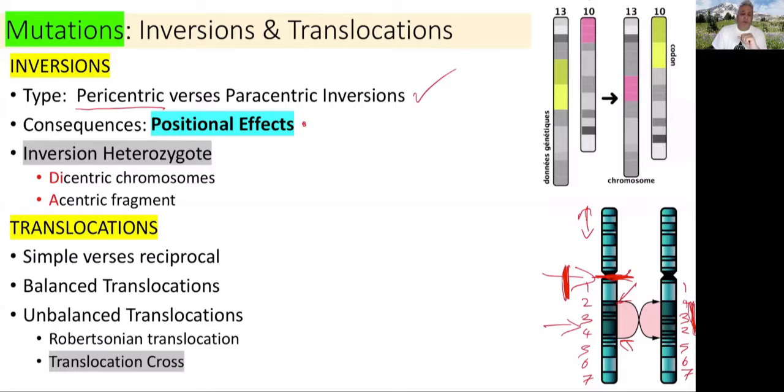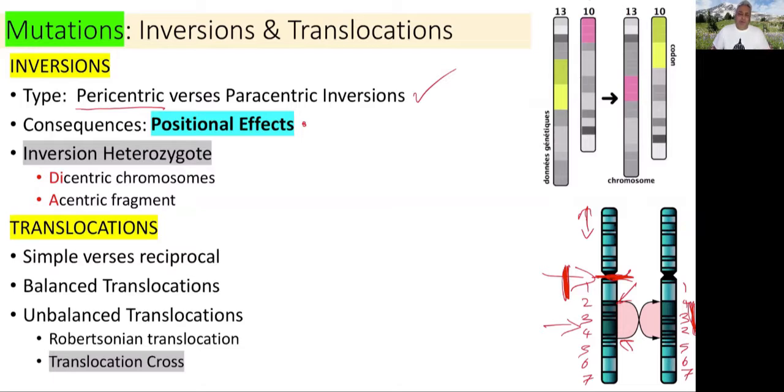Therefore, we call that a positional effect. And that complicates our analysis of gene migrations due to these types of mutations. So, you know, it's a very complicated understanding of how chromosomes work, but it is a fact.